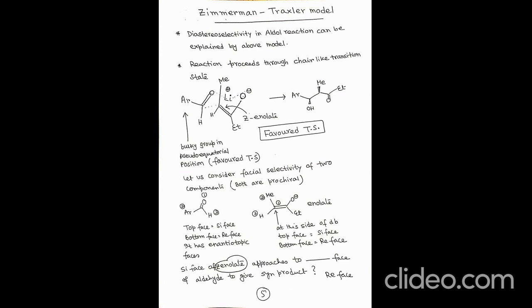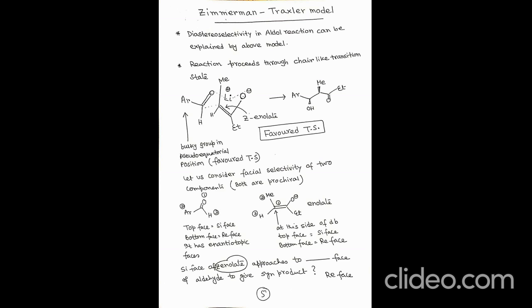Now coming to the enolate side, the enolate will occupy three positions. Two positions are occupied by the double bond of the enolate, and another position will be occupied by the O minus of the enolate. Previously, as I have mentioned, two positions are occupied by the C double bond O, and three positions are occupied by the enolate.